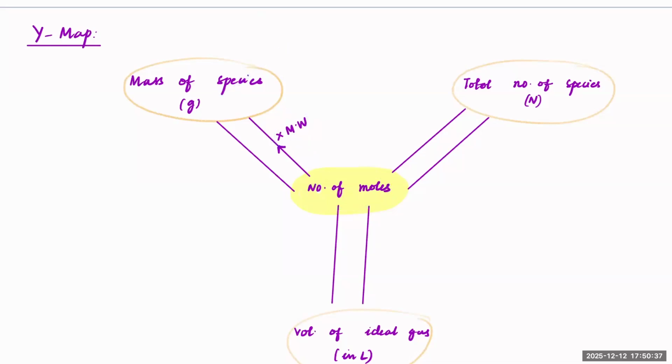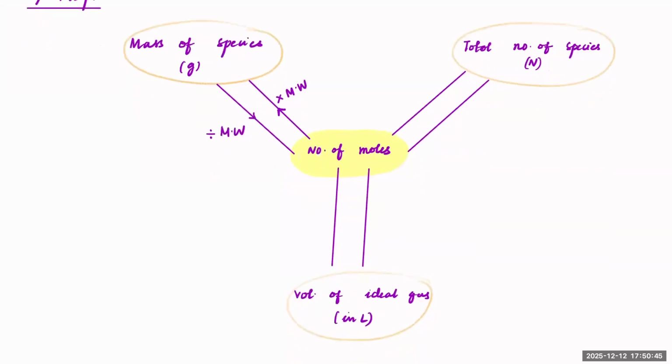To come back, you divide mass by molecular weight, which gives the number of moles. Number of moles multiplied by Avogadro's number gives the total number of species. Divided by Avogadro's number, we get the number of moles.